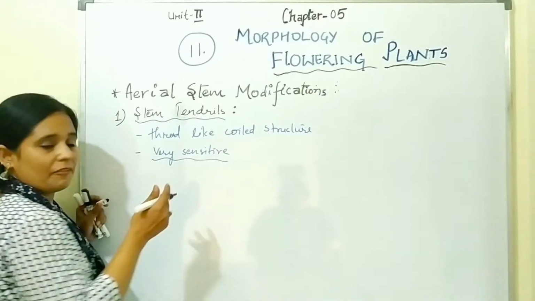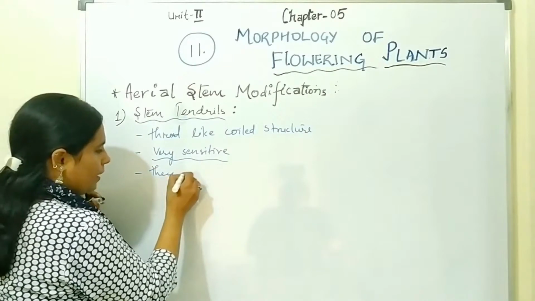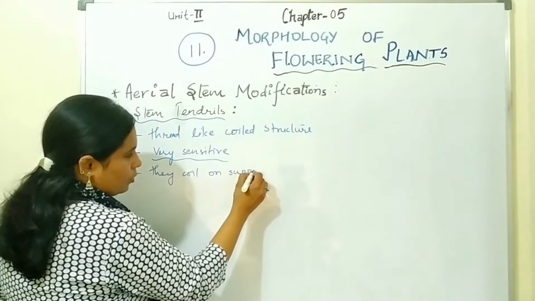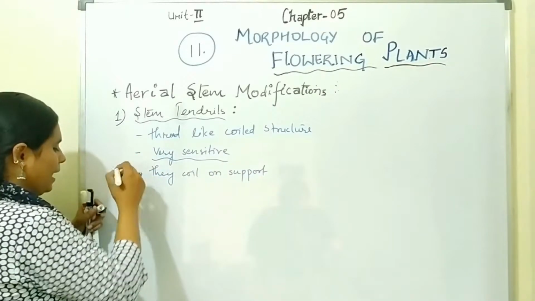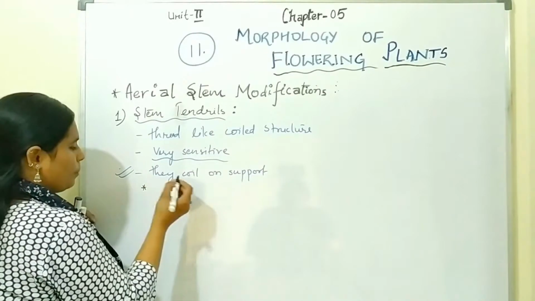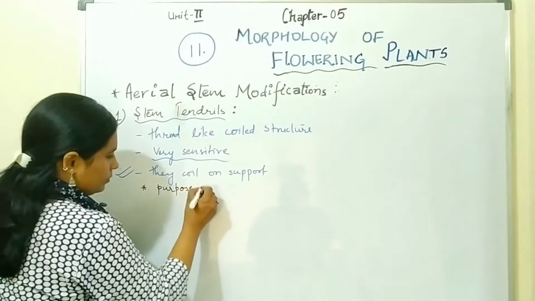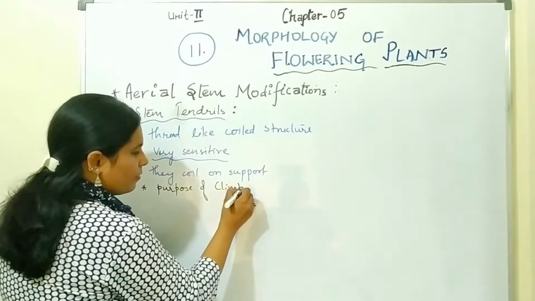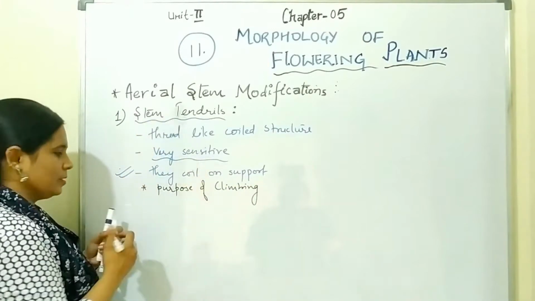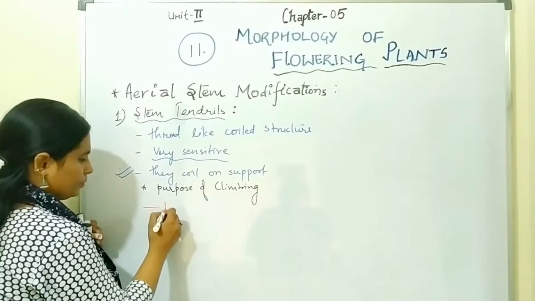Whenever they come in contact with any support, they coil on the support. From this you will get an idea that this modification is for the purpose of climbing. Then these tendrils can be branched or unbranched.